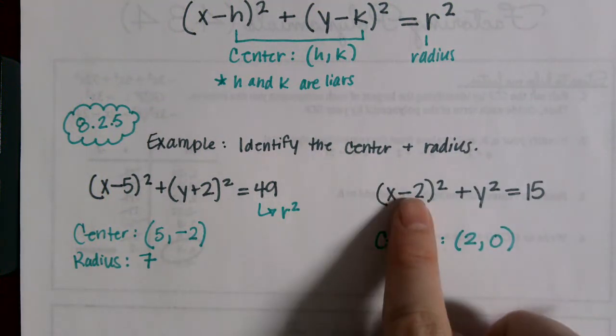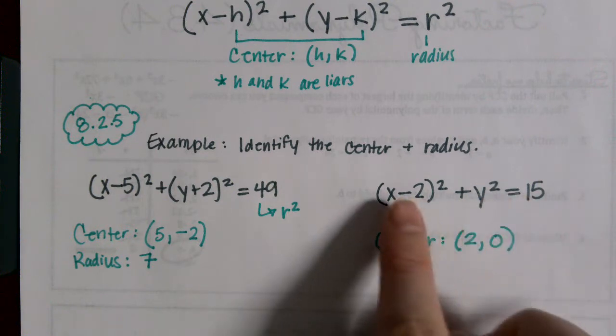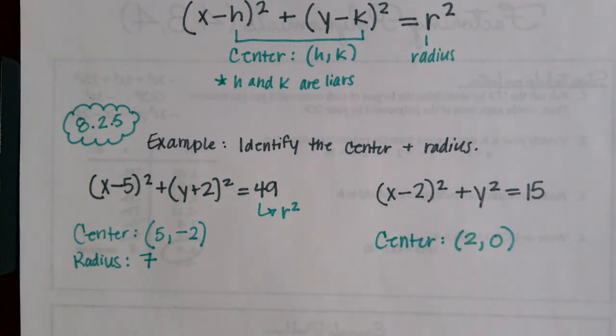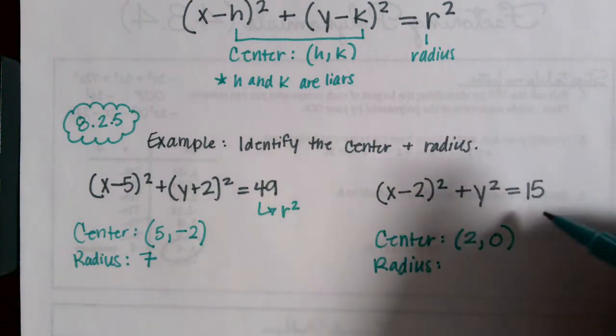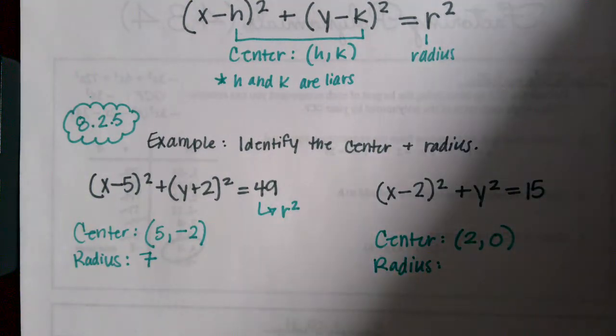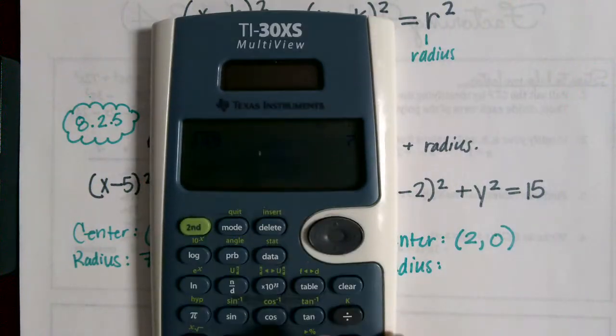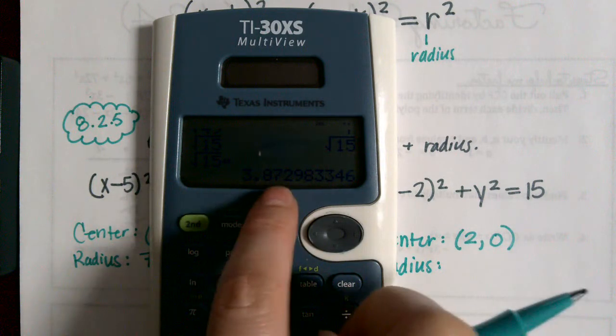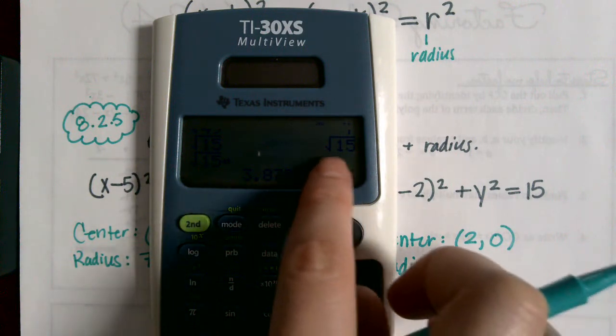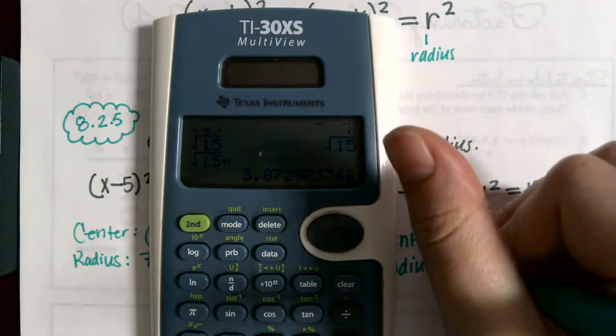If it just said x squared plus y squared, it would be 0, 0. And then for our radius, we need to square root 15, which ends up being a decimal. We're going to estimate that to be 3.9 or so as our radius.